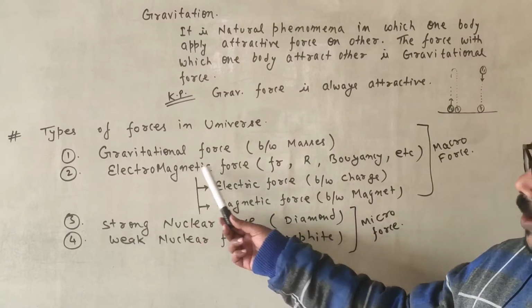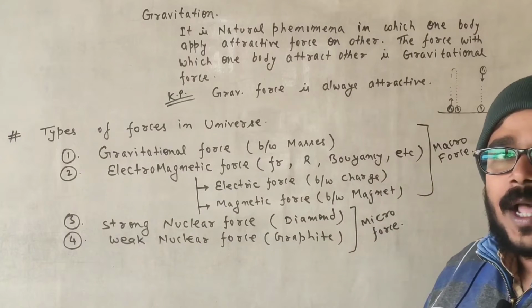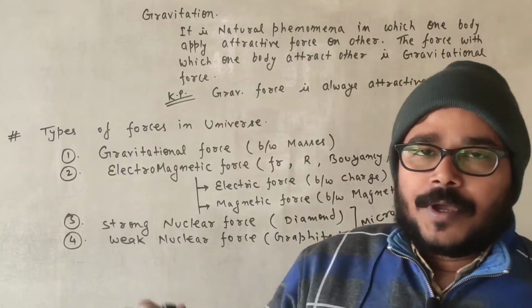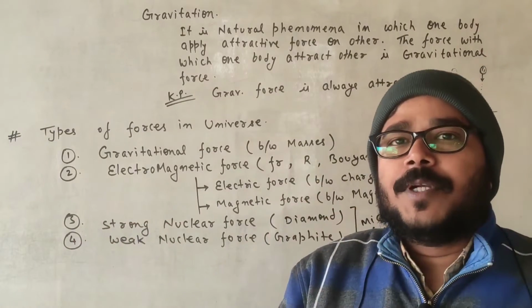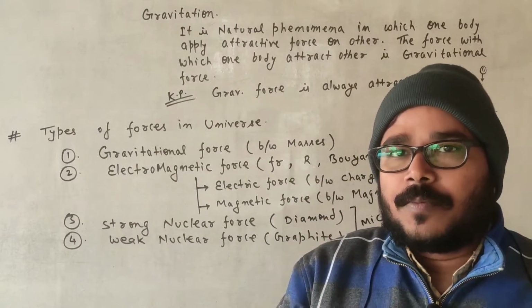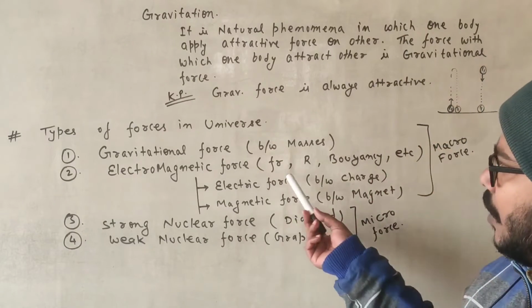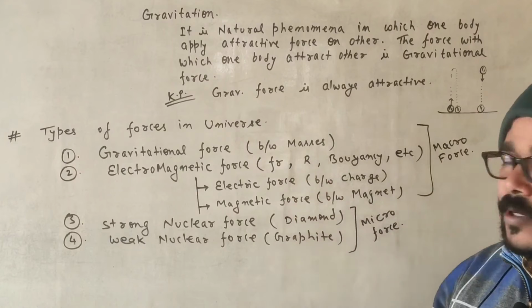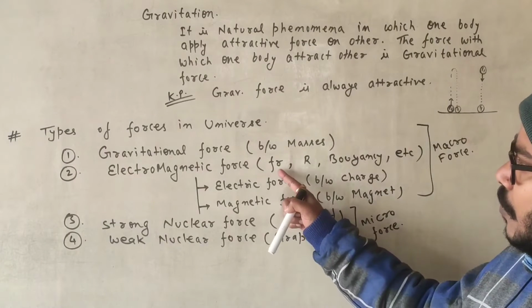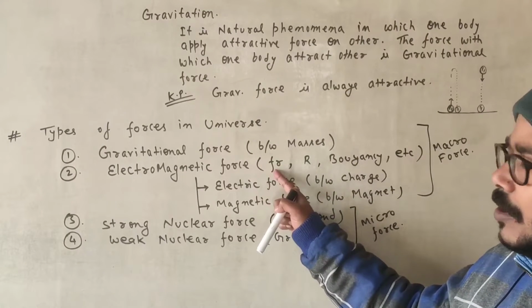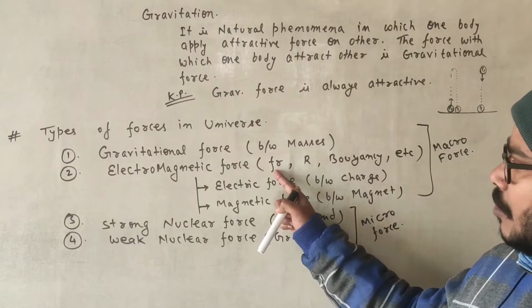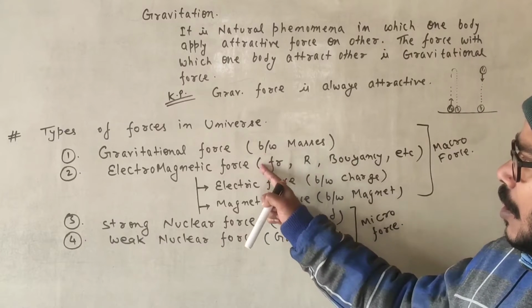How do you identify the electromagnetic force? Everywhere there is contact between two objects, there must be electromagnetic force. Without contact, friction is impossible. You have studied friction in Newton's laws of motion in 9th class.